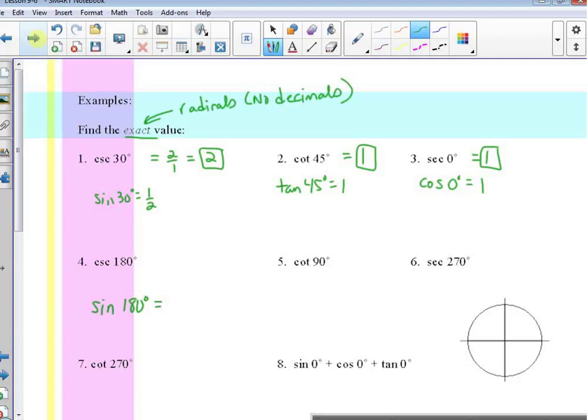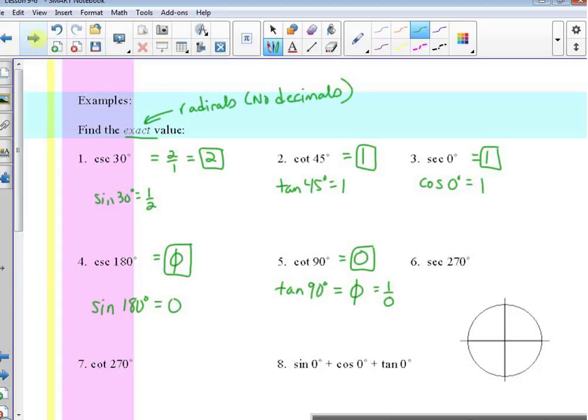The sine of 180 was 0, so the reciprocal of 0 is undefined. So the cosecant of 180 is undefined. Cotan of 90 would relate to the tangent of 90. The tangent of 90 was undefined. Remember, undefined is 1 over 0. So the reciprocal of 1 over 0 would be 0 over 1, or 0.